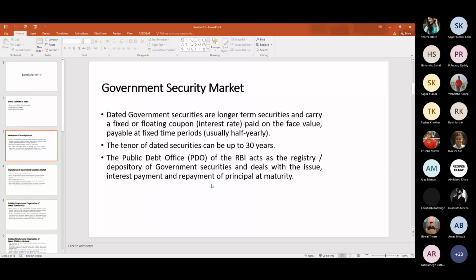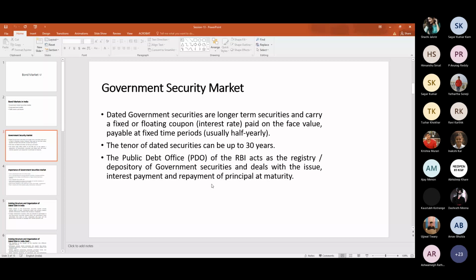The maximum maturity period of government dated securities can go up to 30 years. So that's why the maturity period of government securities is quite long.